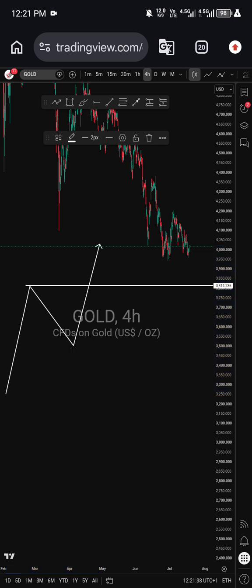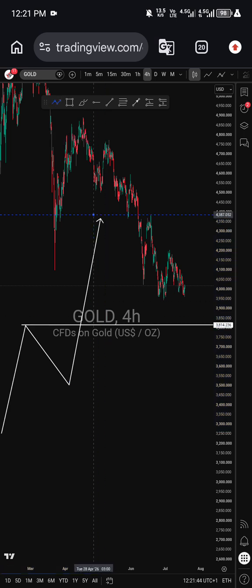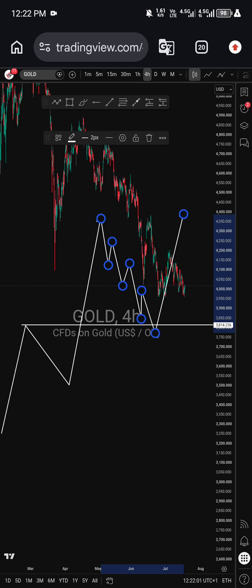Sometimes the indication can be this long. It can go long like this and still do the correction and continue. The indication can go short.